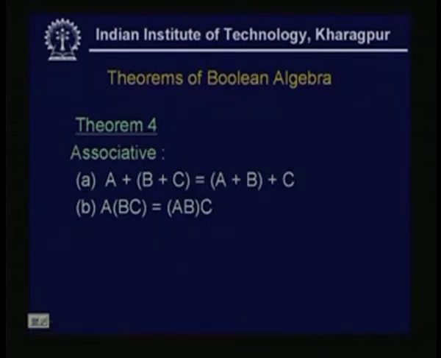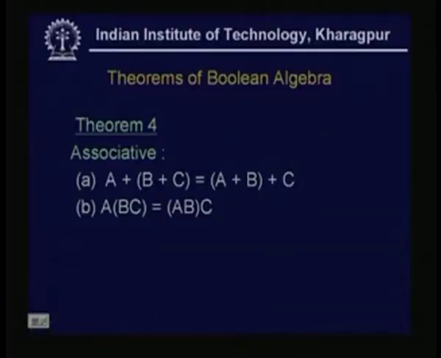So, the associative property tells that if we take 3 Boolean variables, and in the left hand side the operator is operating on B and C, the last two operands, and then it is operated on the first variable, the result will be same if we take the order of the operators in a different way.